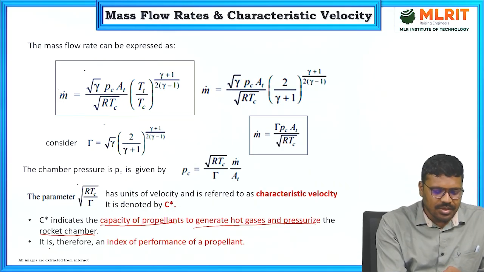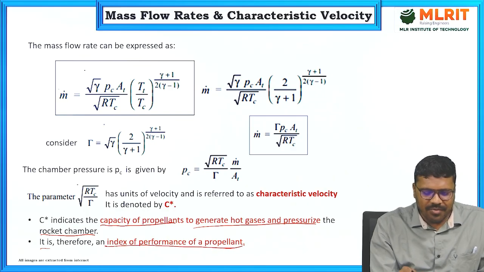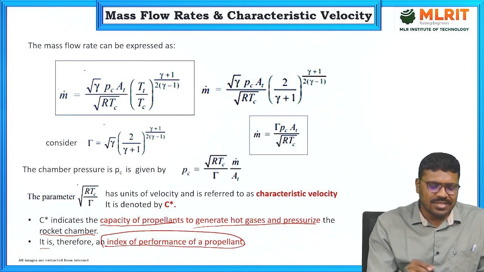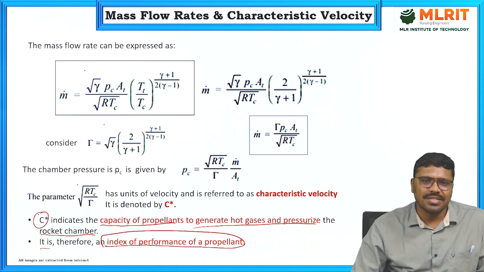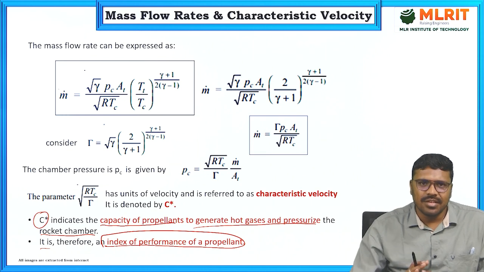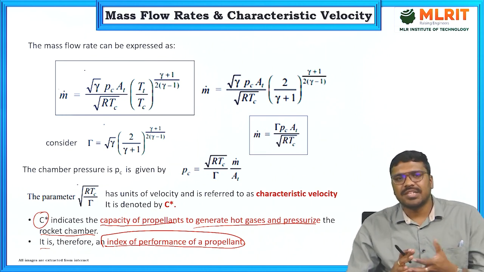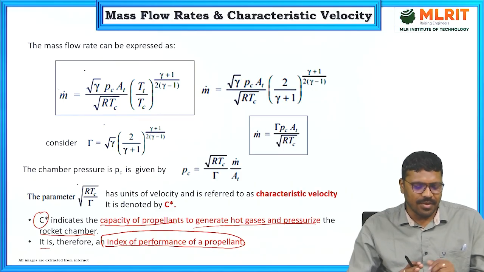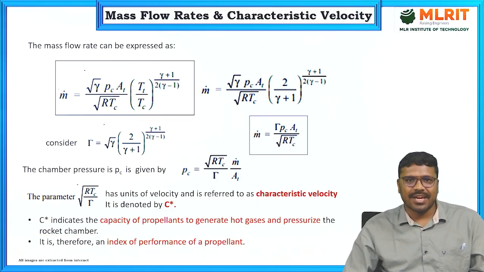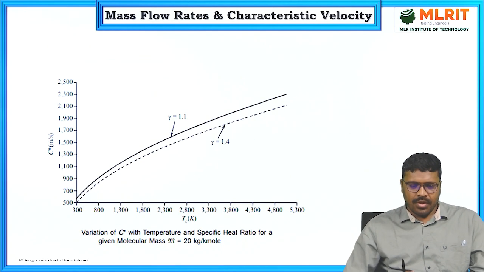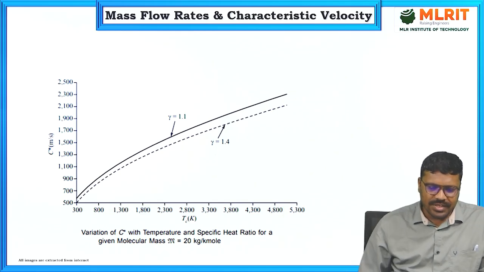Okay, so it is therefore an index of performance of the propellant. So we can consider this C star as the index of the propellant. So how effectively the propellant can pressurize the chamber, that can be explained with the help of this C star, that is characteristic velocity. And here we can also see the graph.